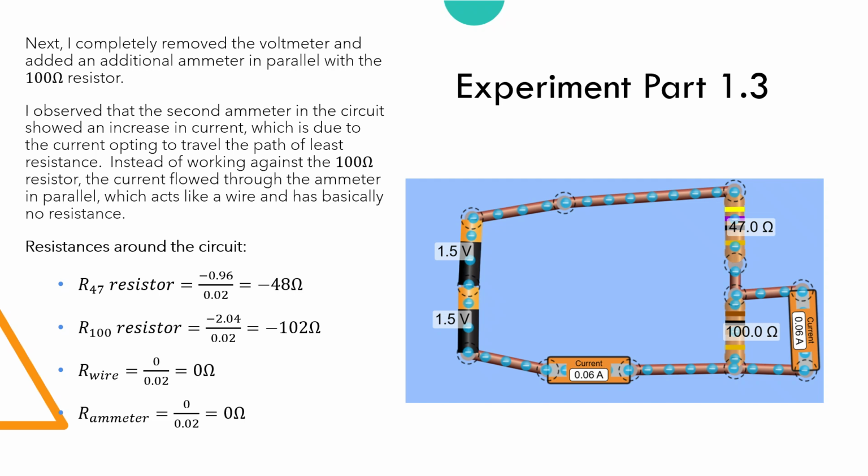And since ammeters in this ideal scenario or simulation have no resistance as opposed to the 100 ohms of resistance they would encounter on the resistor, they chose to go through the ammeter where nothing is impeding them. And then on the bottom left side of the screen, you can see where I calculated the resistances of the various elements of the circuit.